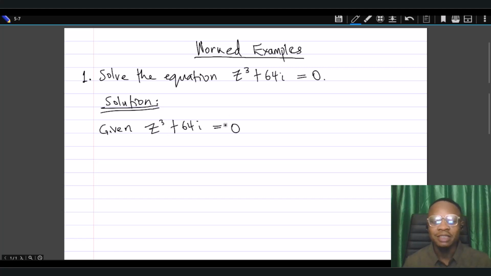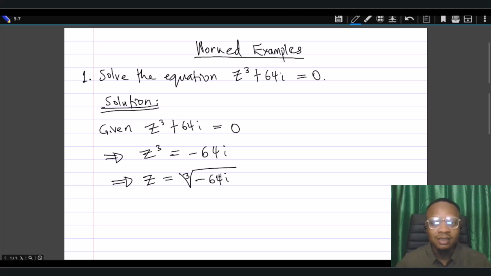So in this case, we have 64i as the constant part. If we make z cubed the subject, it follows that z cubed will be equal to minus 64i. And from that, it means the z that we are looking for will be equal to the cube root of minus 64i.